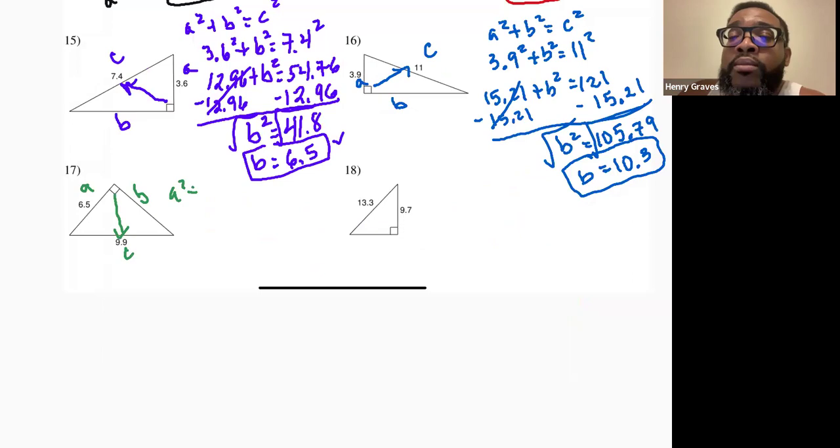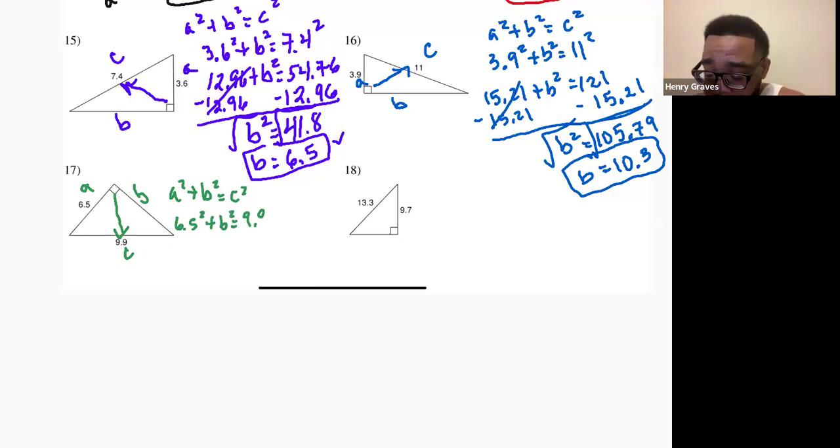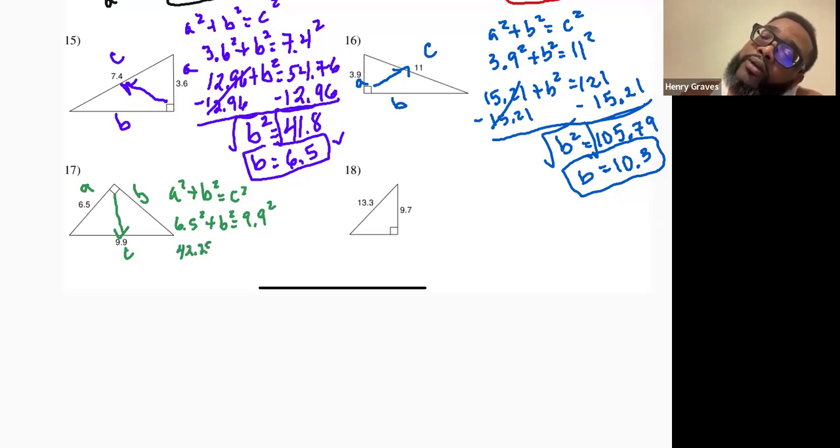So I'm going to have 6.5 squared plus B squared is equal to 9.9 squared. On my calculator, 6.5 to the second power is 42.25. Then 9.9 squared is 98.01.